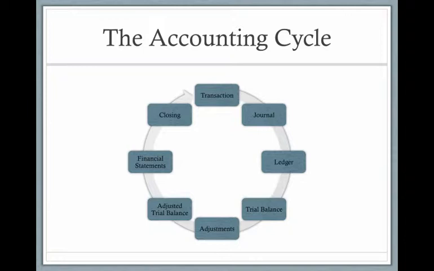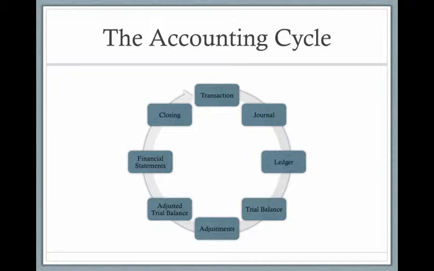After the posting to the ledger and totaling up all the increases and decreases to the various financial accounts, we create a trial balance, which makes sure that our debits equal our credits. Remember, in our T account, the debit is on the left side of the T and the credit is on the right side of the T.